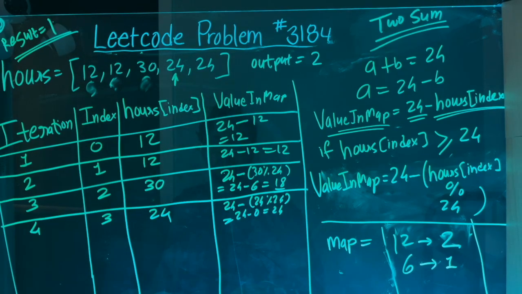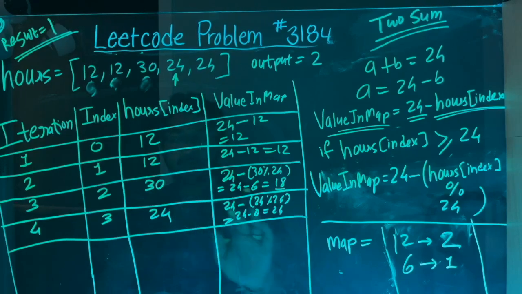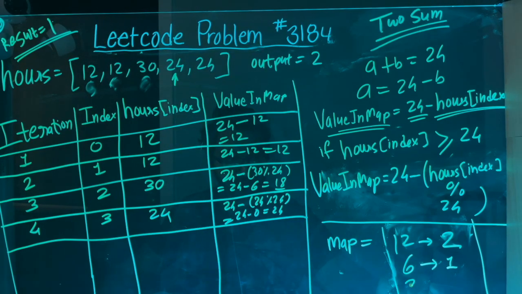So we are going to look whether 24 exists in our map or not. It's not. So now at the end of the iteration, we are going to put 24 back in our map. So 24 came one time.